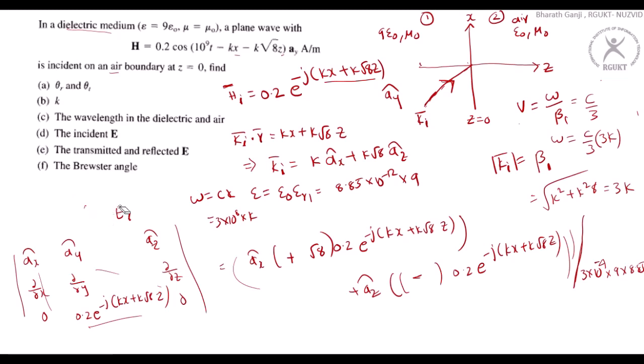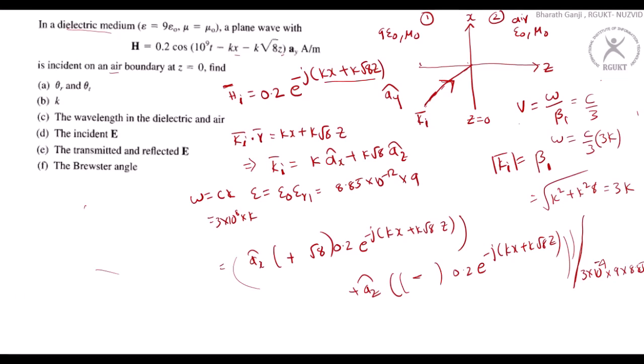Let me use another way to calculate the incident electric field here. Oh, I think the omega is given here, right? The omega is given as 10 to the power of 9. That is good, but anyway we still have the same answer, not an issue.